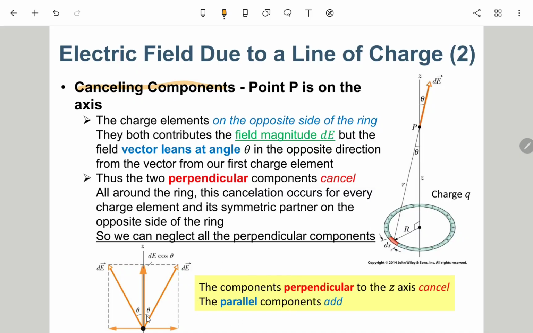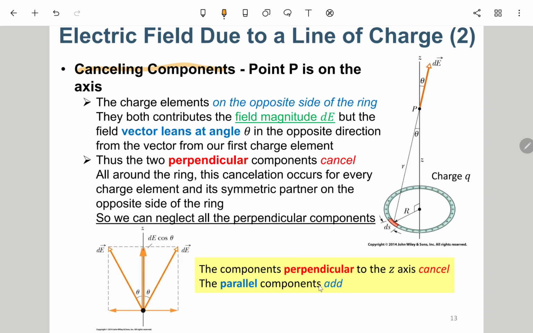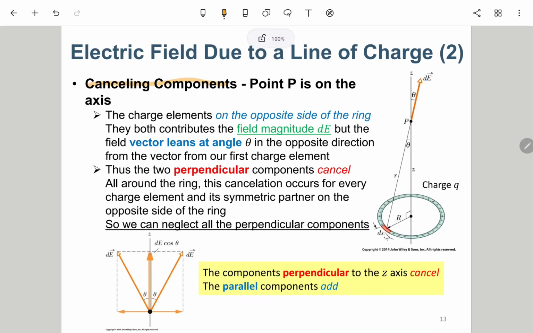So for this case, let's consider this ds, and we would like to find the dE at the point P. Here we try to cut this one.